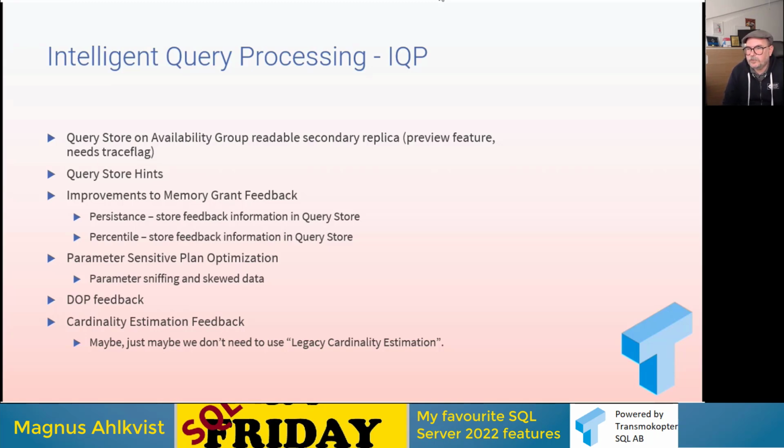Is it possible to synchronize system databases in availability group? Yes, it's a question in the chat from Henrik. Yes, it's a topic on its own that I don't really have in this presentation, but it's also one of the things you're able to do in SQL 22 to create a contained availability group where the system databases become part of the availability group.